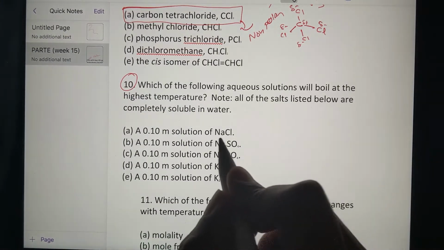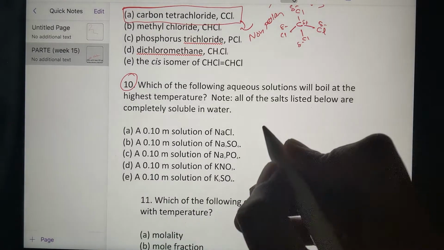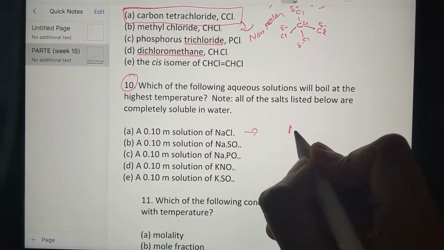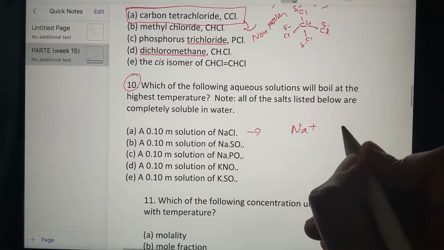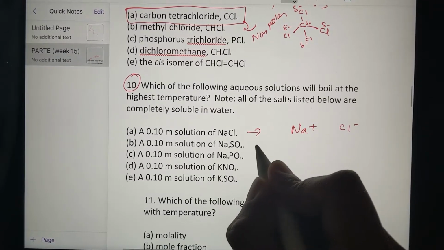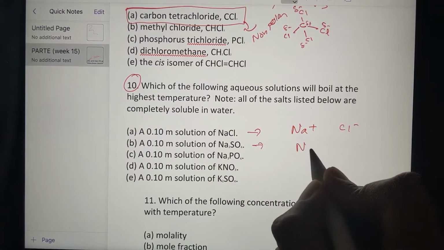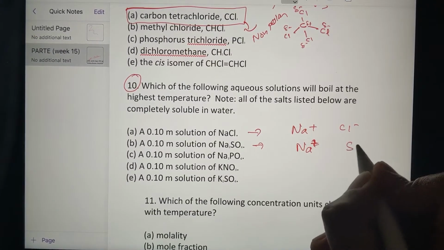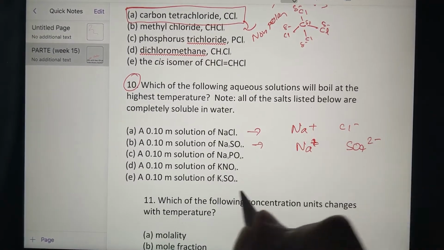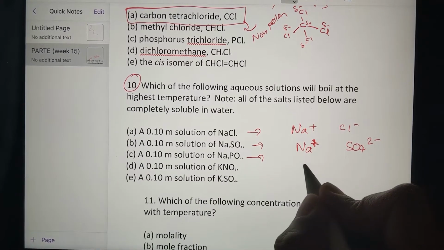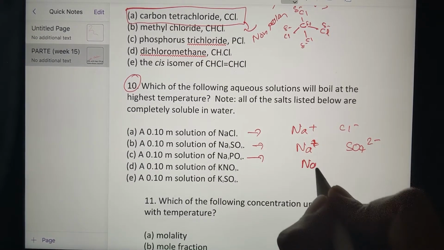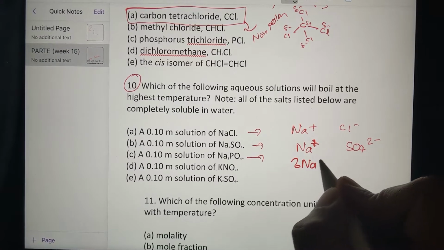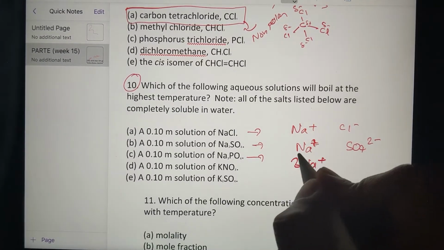When you put sodium chloride in the water, it's going to dissociate into Na plus and Cl minus, and this one is going to dissociate into Na plus and SO4 2 minus, and this one into 3 Na plus.